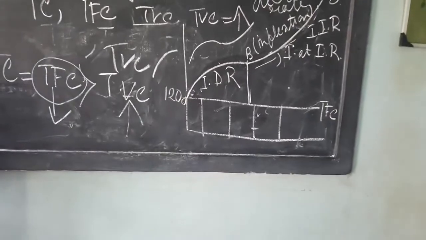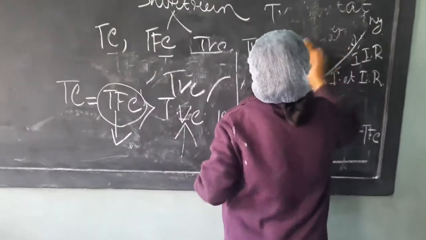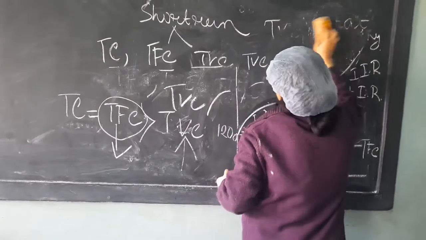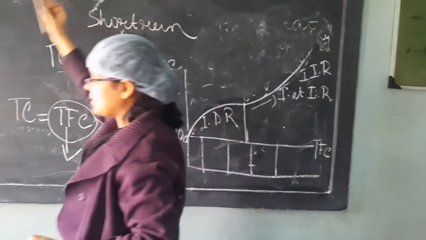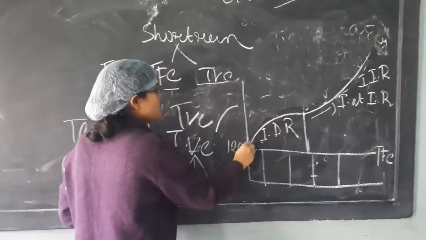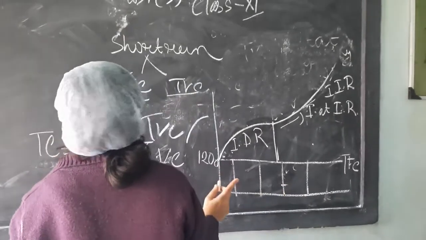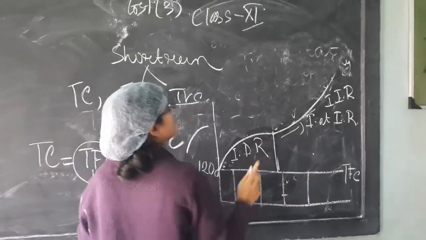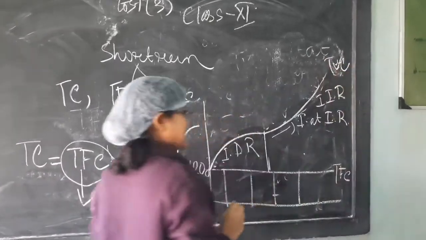Now coming to the TC curve. See what I have said, accordingly follow, remember and draw the curve. Initially, the contribution of TVC towards TC is less.